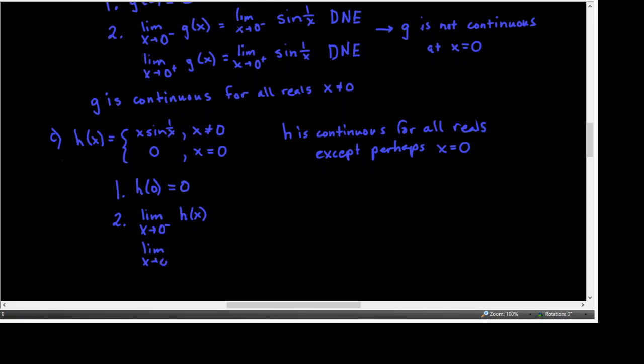For the left side and the right side of 0, the appropriate expression for h of x is the one on top, x sine of 1 over x, for both. Of the limits.